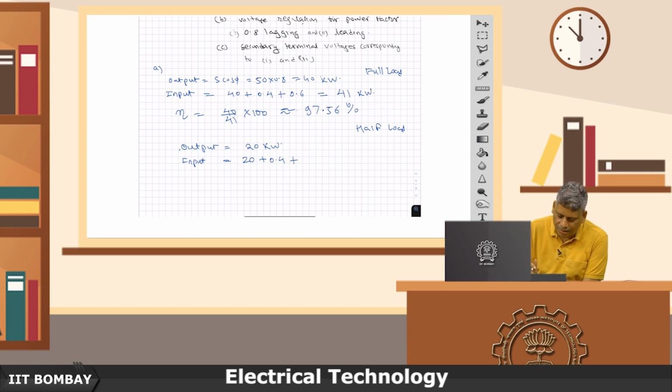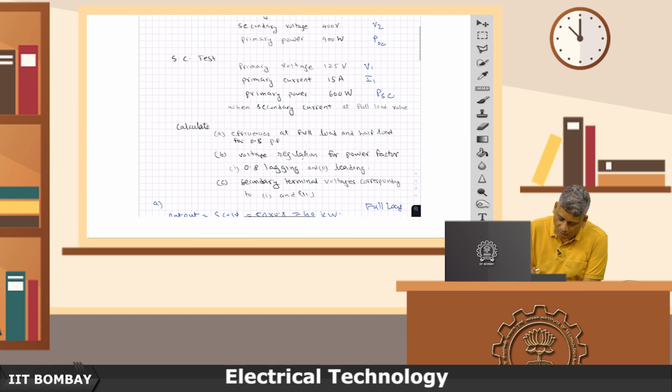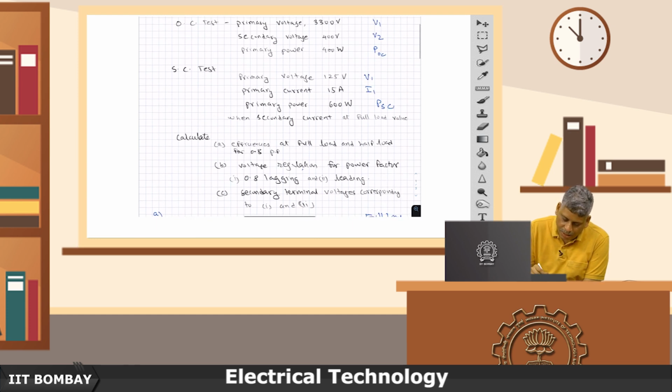So, it will remain at 0.4 kilowatts, 400 watts is 0.4 kilowatts, but at half the current, because the copper loss is proportional to the square of the current, this loss will become 1/4.